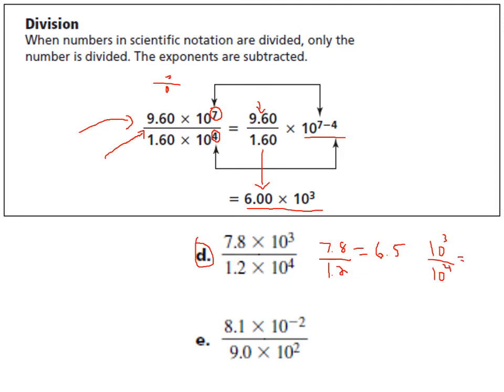Now you're going to have 10 to the power of the top one minus the bottom one, so 3 minus 4. And 3 minus 4 is not going to be 1, it's going to be negative 1, 10 to the power of negative 1. So our final answer here is going to be 6.5 times 10 to the power of negative 1.